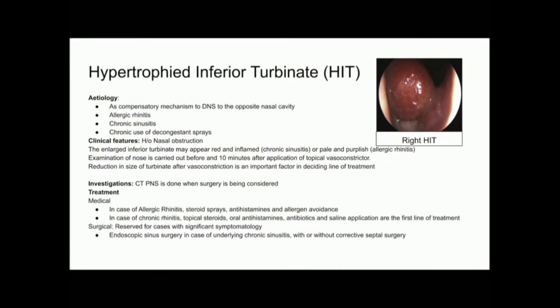Surgery is reserved for cases with significant symptomatology. Endoscopic sinus surgery or FESS is carried out in case of underlying chronic sinusitis with or without corrective septal surgery. There are several other surgical procedures that are described, such as mucosal preservation surgeries, mucosal destructive reduction surgeries, and turbinate excision procedures.